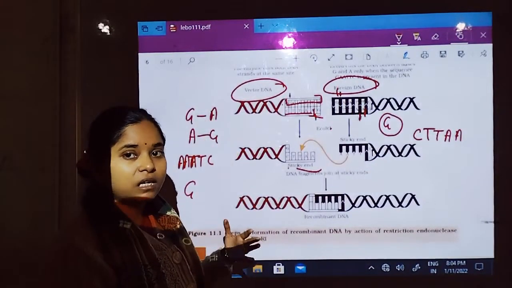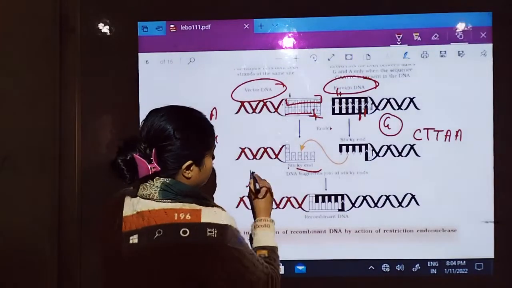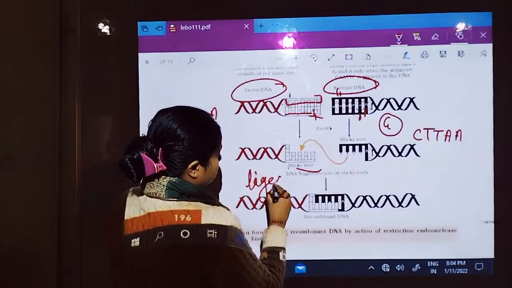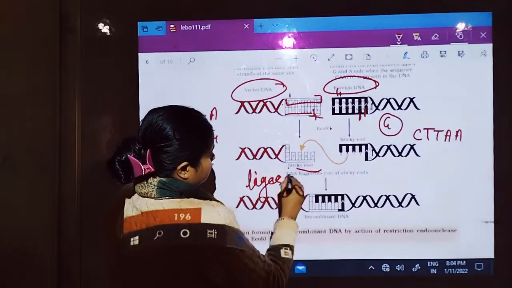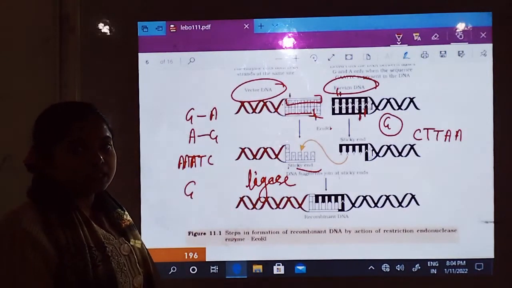That's why ligation is easily done after treatment with the ligase enzyme.